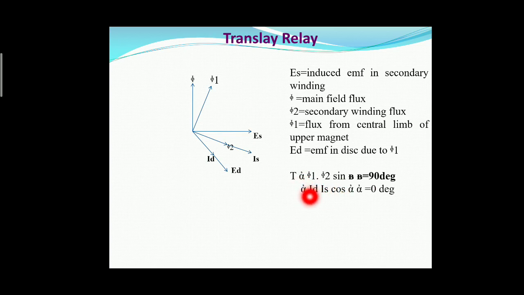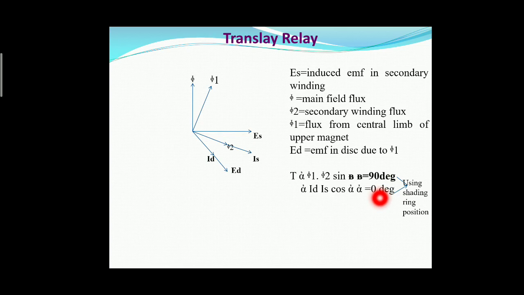Phi 1 is equal to ID and phi 2 is equal to IS. Sin beta means 90 degrees, and then we take cos alpha, where alpha equals 0 degrees. Alpha equal to 0 degrees and beta equal to 90 degrees are obtained by using the shading ring position. In that case the torque will be produced.